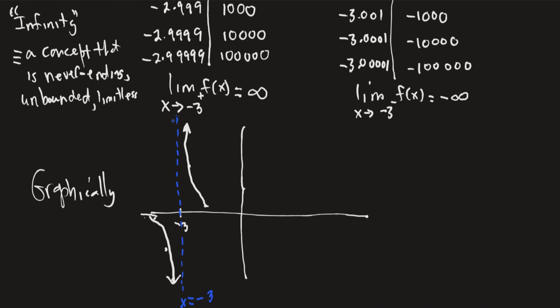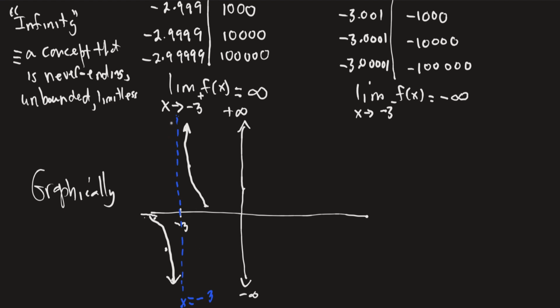It's like it would be this fence, and part of the function shoots up this direction, as we said earlier, going off to positive infinity. And then this part of the graph kind of shoots off in the negative direction, going to negative infinity.